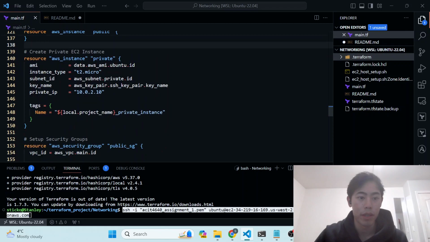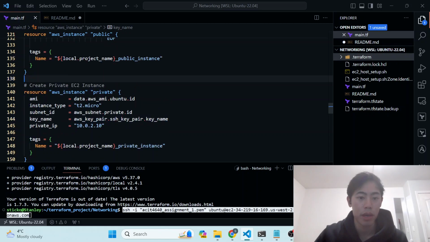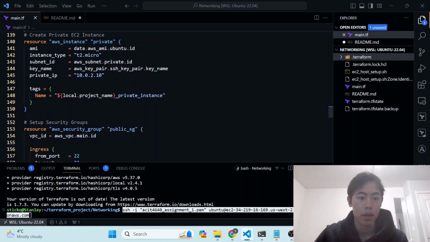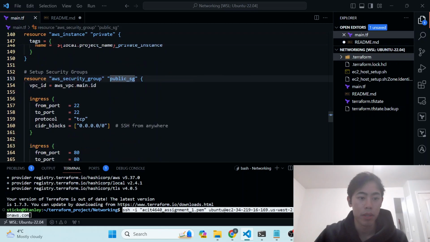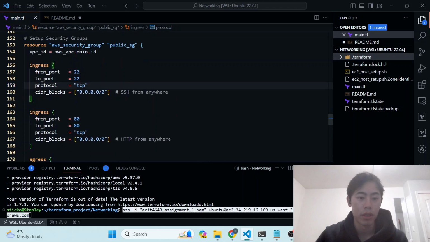And then I have the private EC2 instance with the private IP being declared here, and the private SSH key right there. Next, I create the public security group. Ingress 22 is specifically for SSHing. Protocol, transmission control protocol.